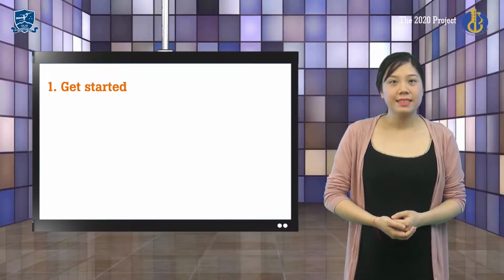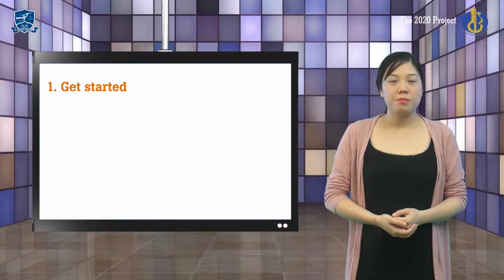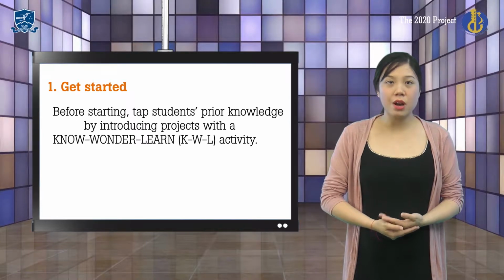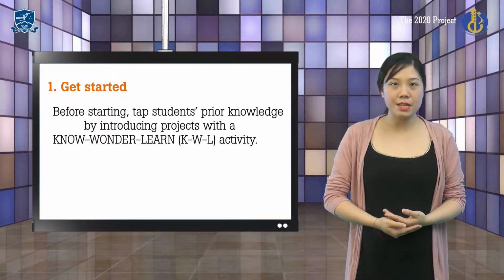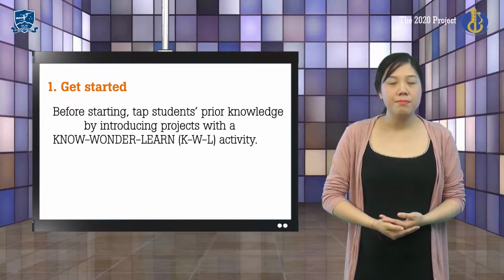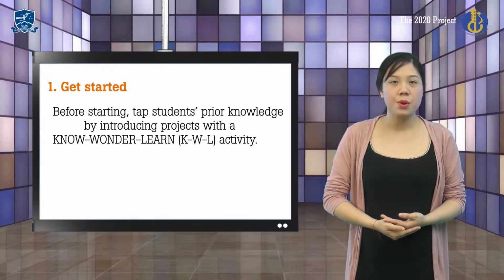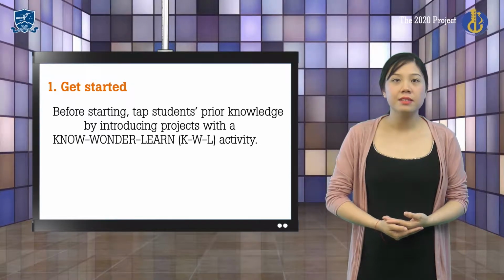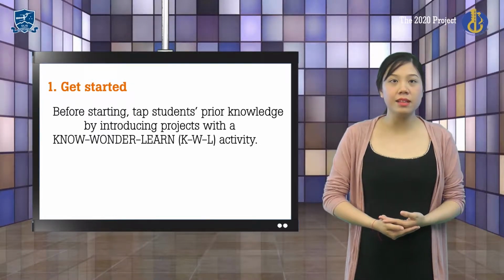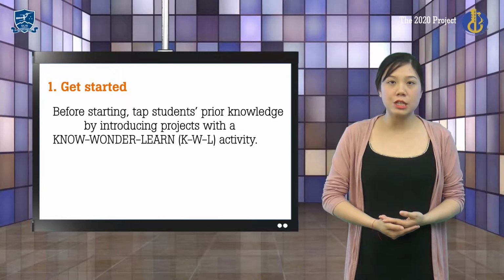1. Get started. Before starting the programs or projects, tap students' prior knowledge by introducing projects with a know, wonder, learn, or KWL activity to establish students' interest and excitement.